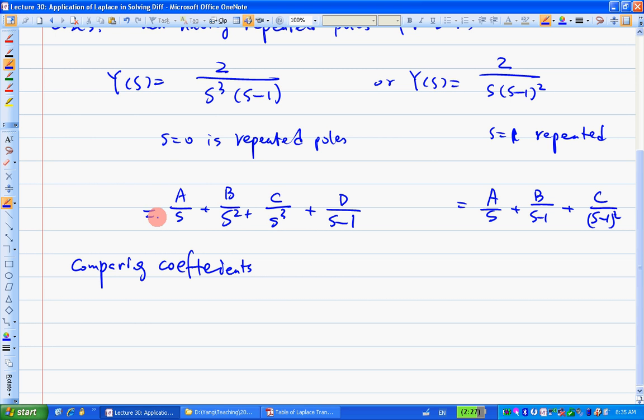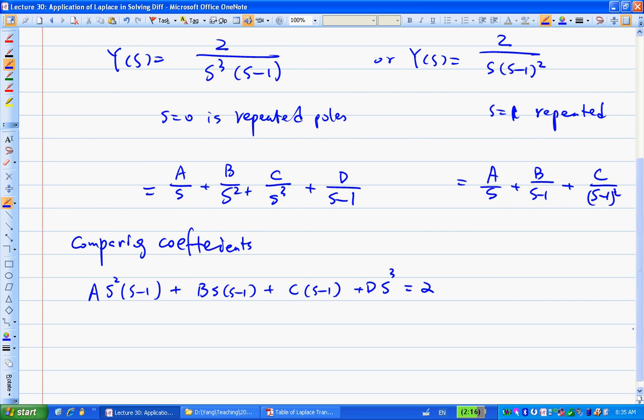We basically rewrite this decomposed form back into the numerator divided by denominator form. So the numerator here is A times s squared times (s minus 1), plus B times s times (s minus 1), plus C times (s minus 1), plus D s cubed, equal to 2. So that's the comparing coefficients.